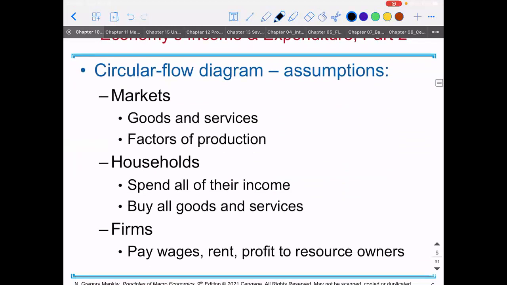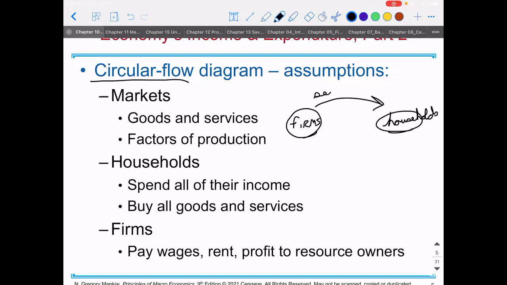Now, the reason why this is the case, why income has to equal expenditures, goes back to the circular flow diagram. If you remember, we'd have firms and we'd have households. Firms sell products, households sell labor.